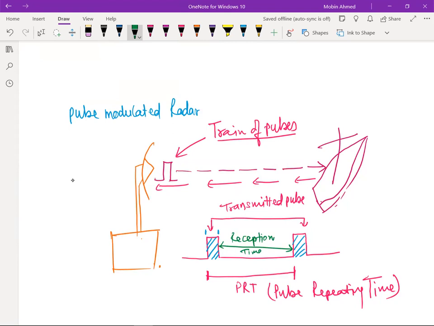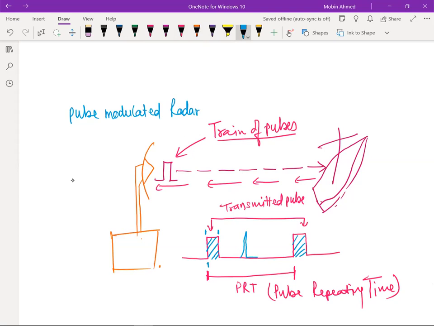So now if the target is there, we start calculating from when we send this pulse, and as soon as the target appears here. Now suppose this target is appearing here like this.